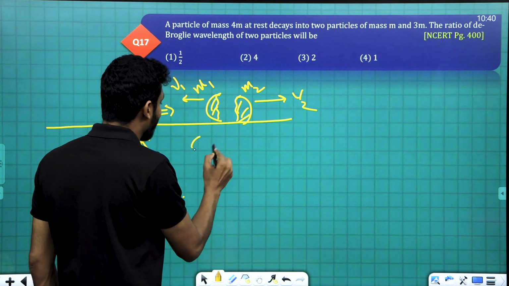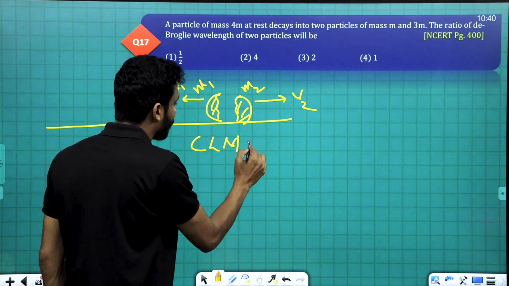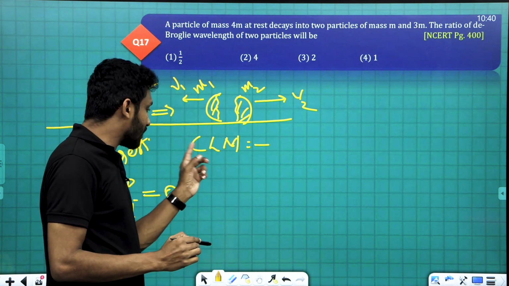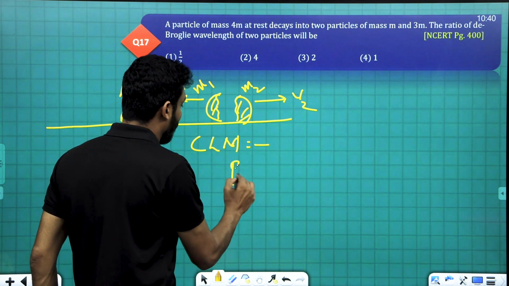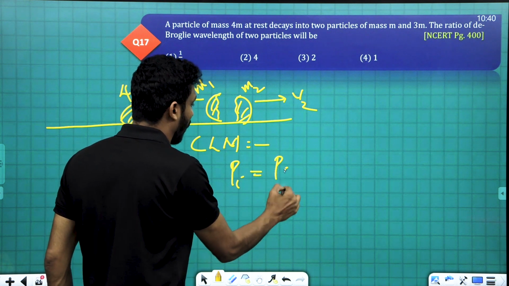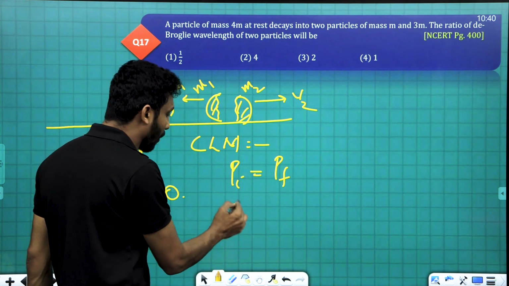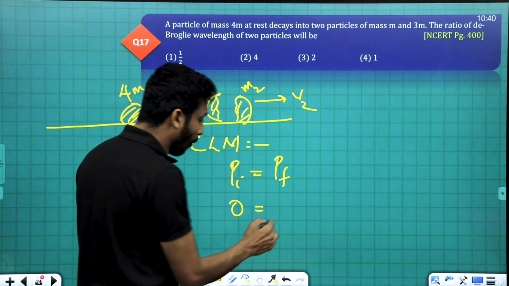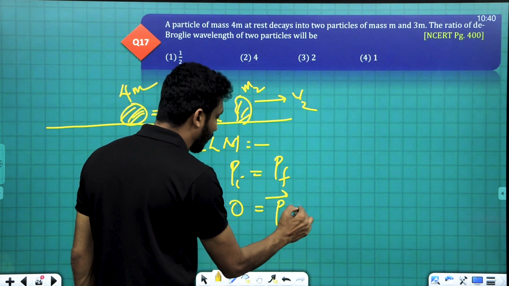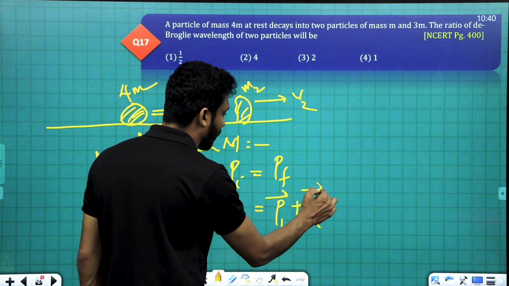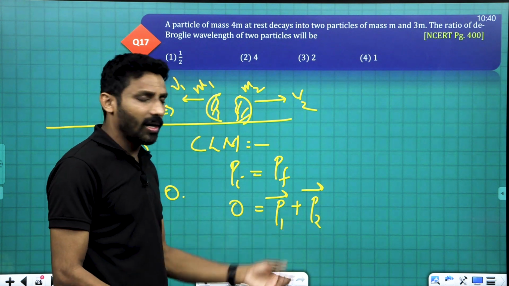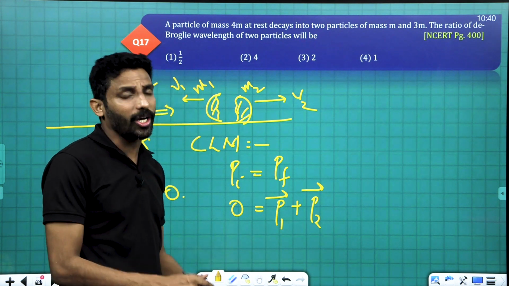You understand? Conservation of linear momentum: initial momentum of the system is equal to final momentum of the system. Initial momentum was 0, and final momentum is the momentum of the first particle plus the momentum of the second particle, vector quantities.